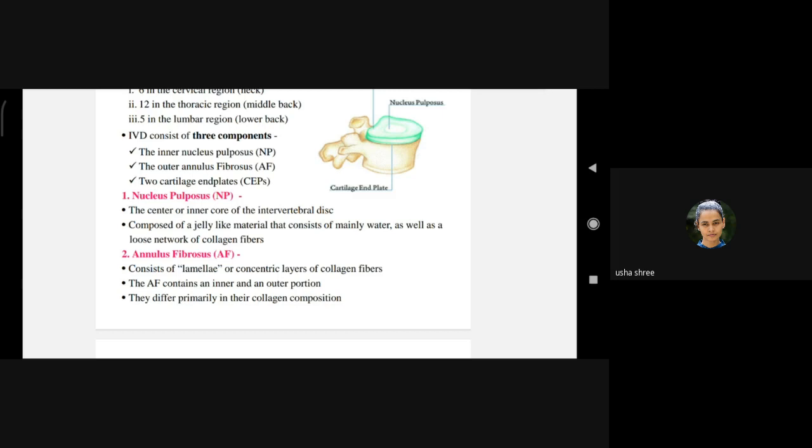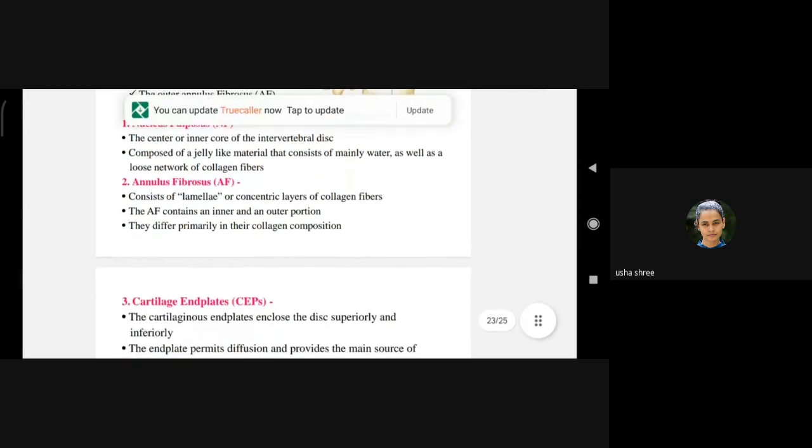No need to know all these details. They differ primarily in collagen composition. Obviously, these are all made up of collagen fibers only, but the difference is in the composition. Just like in the nucleus pulposus, the collagen fibers are at a low amount, or the network is loose.